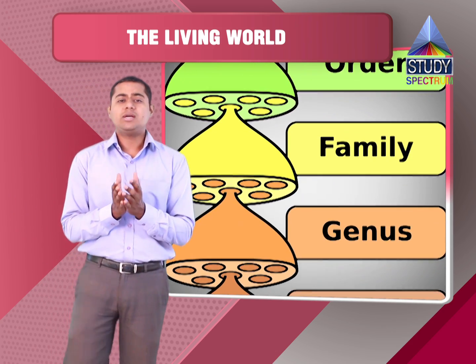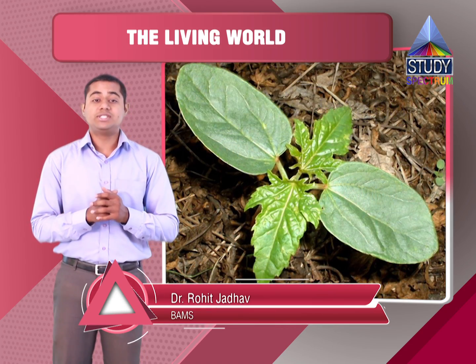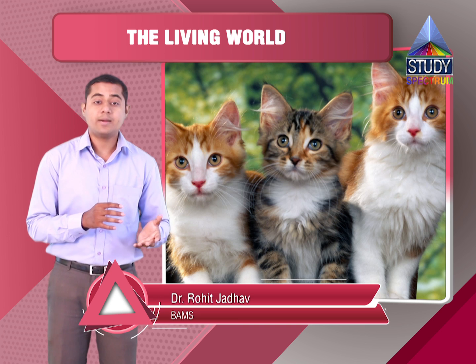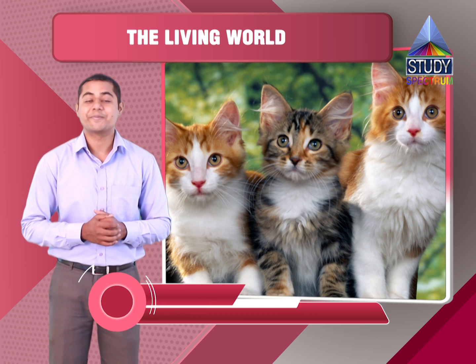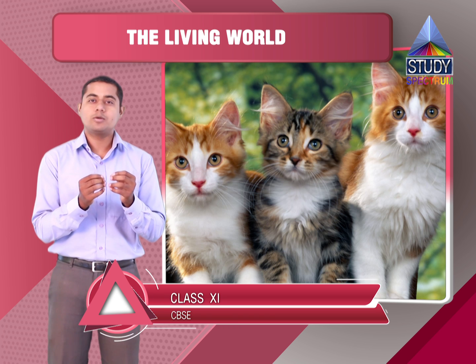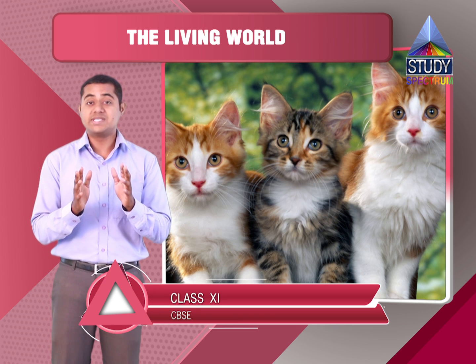Try to collect all the currently accepted meanings for the word species. Discuss with your teacher the meaning of species in case of higher plants and animals on one hand and bacteria on the other hand. Let's have an insight into the basic meaning of species itself. There are 2 basic meanings.